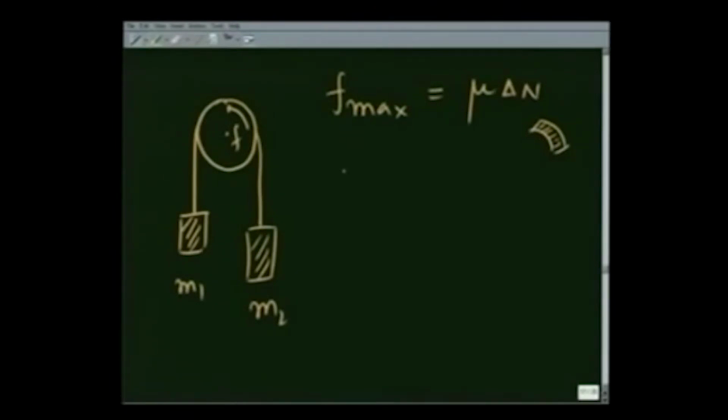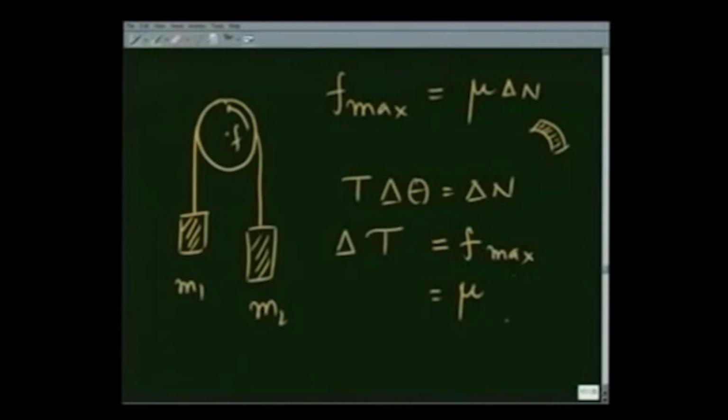So I have equations from earlier, T delta theta equals delta n and delta T equals F max, which is mu delta n, which in turn from this equation is equal to mu T delta theta.